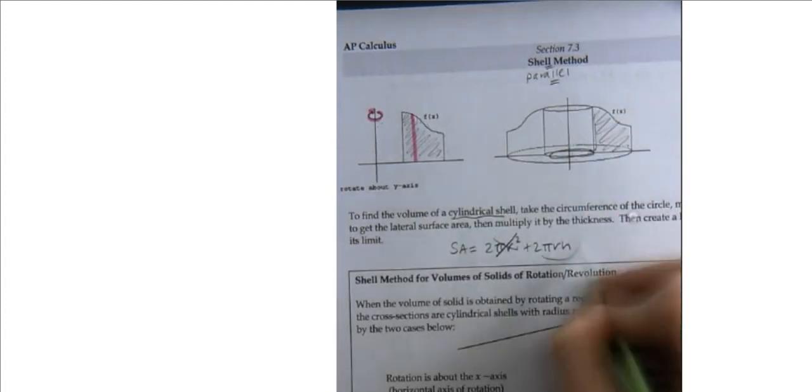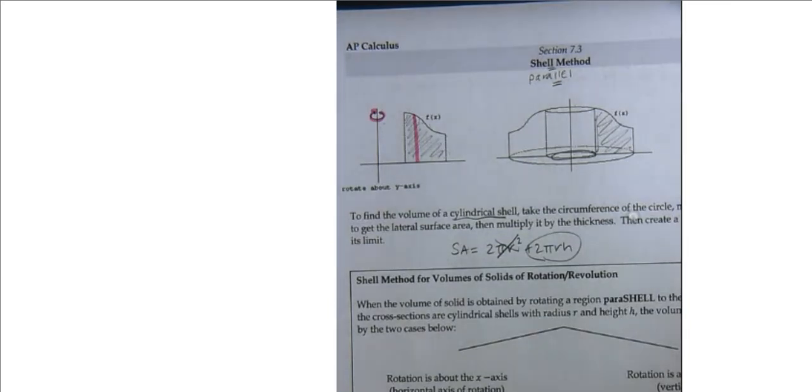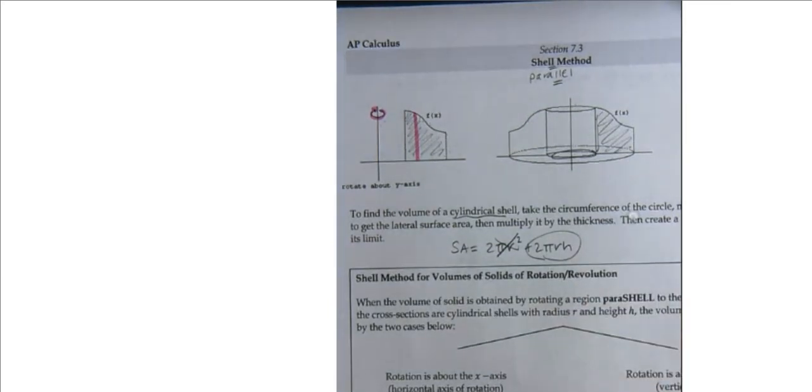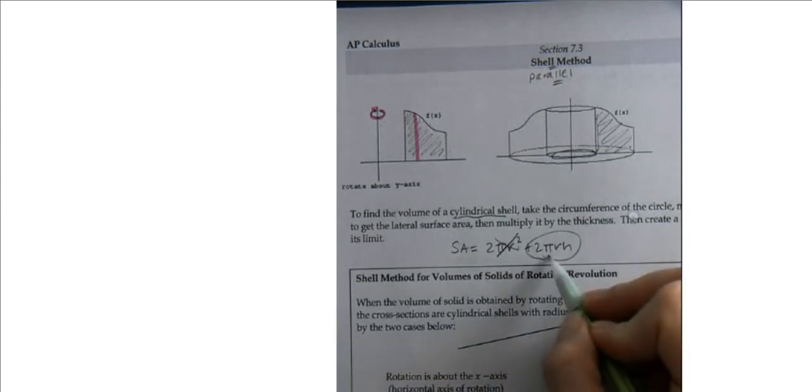So we're just going to do this. Yesterday, when we integrated an infinite number of circles, we integrated pi r squared. Now we're going to integrate 2 pi r h, because now we have an infinite number of cylindrical shells.